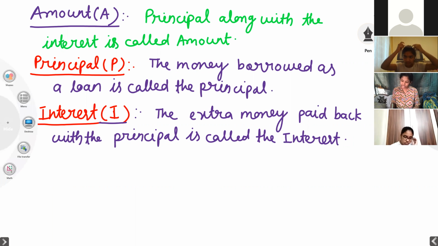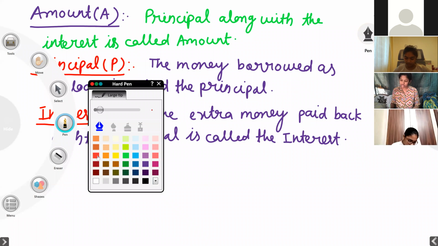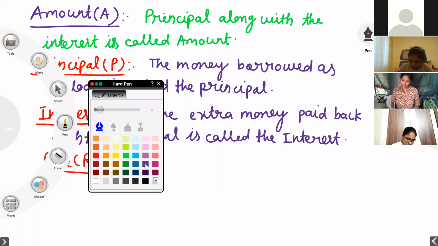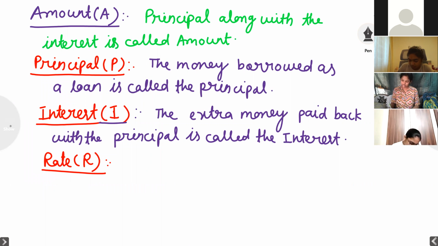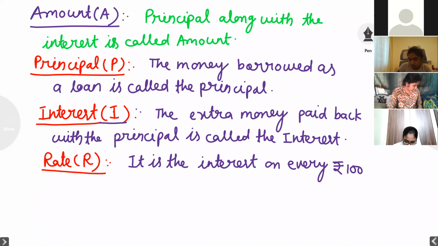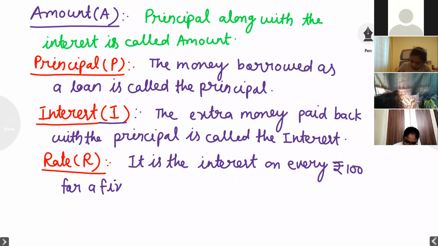Next key heading, rate. It is the interest on every 100 rupees for a fixed period of time.